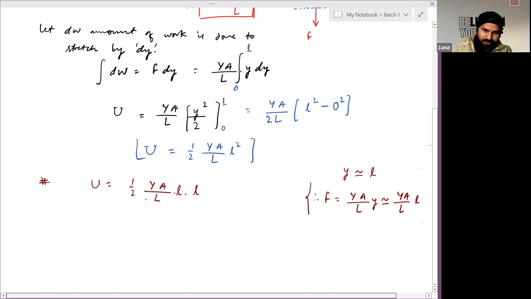So this part will be force and this part will be extension. So we can write it as half force into extension in this wire equals the potential energy stored.